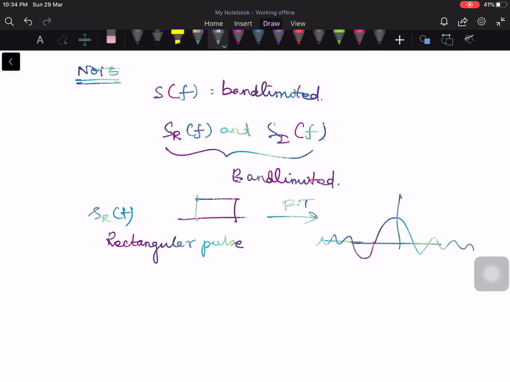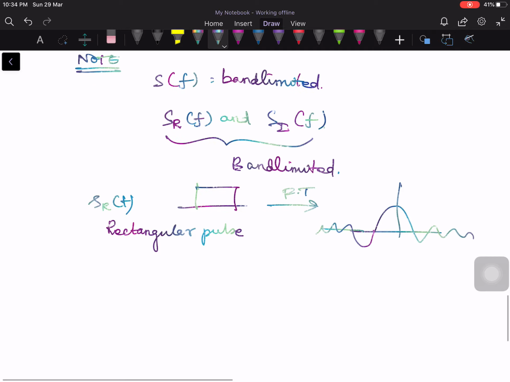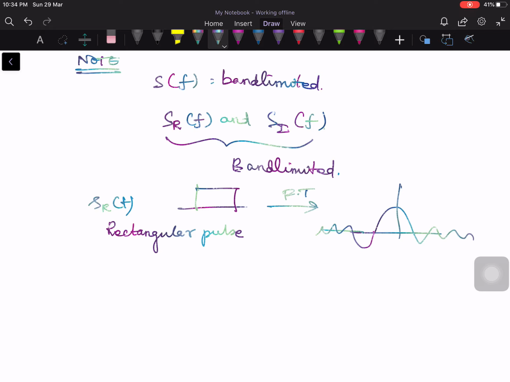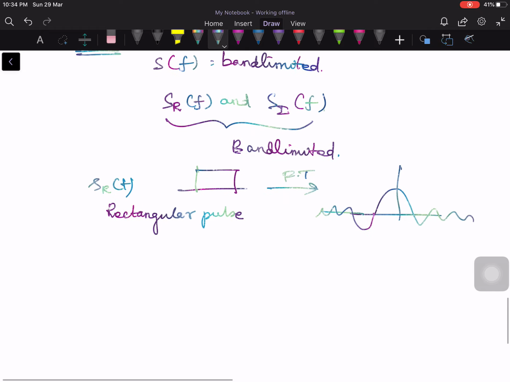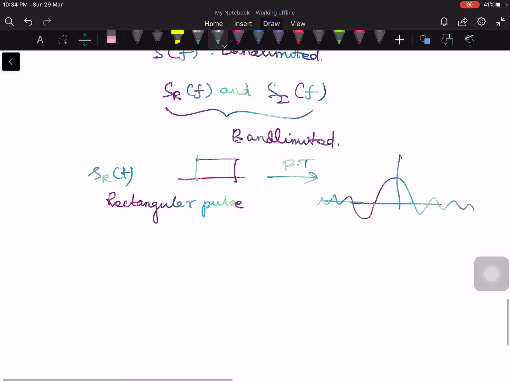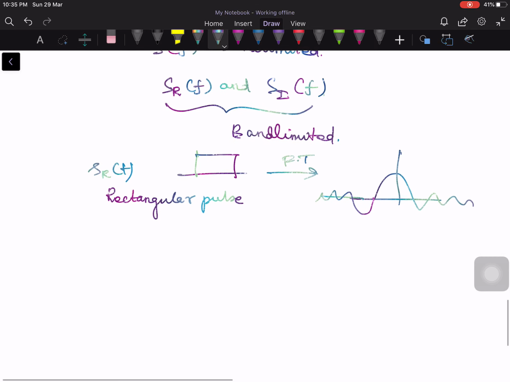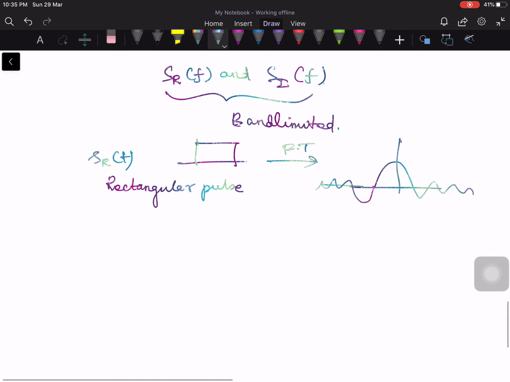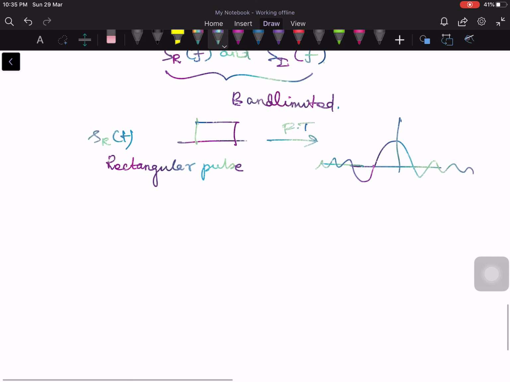Therefore, once I say S of f is band limited, it implies that both S_R of f and S_I of f are also band limited. So the shape of S_R of f and S_I of f will closely resemble the shape of S of f. This is a simple exercise one can do to obtain the expression for S_R of f in terms of S of f, so it will be the dual kind of expression.